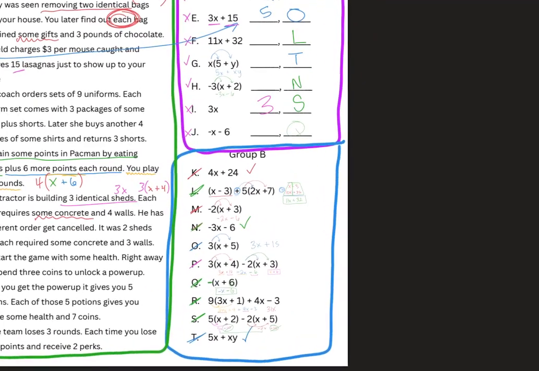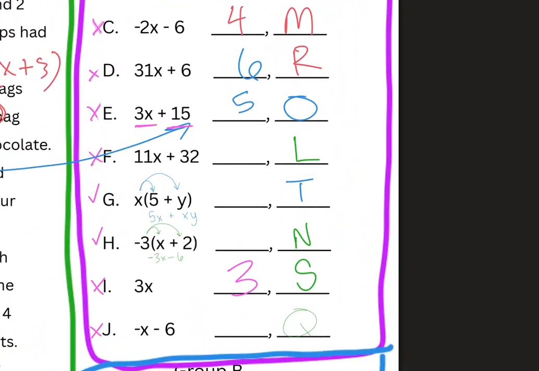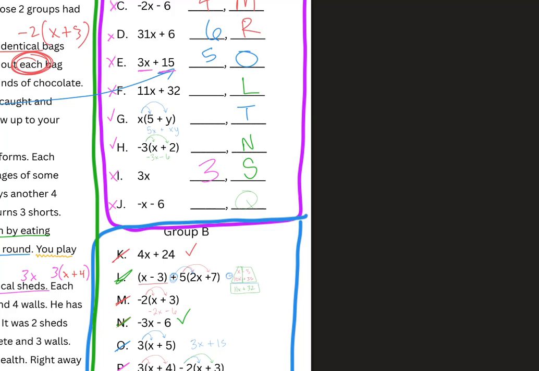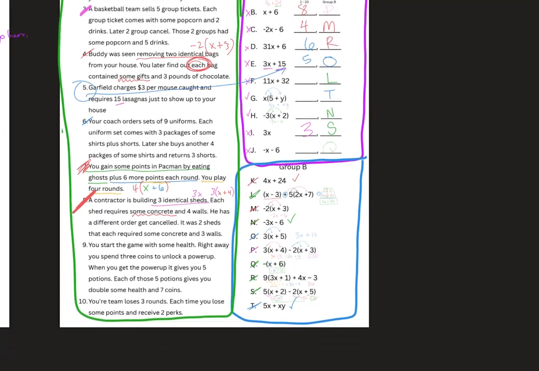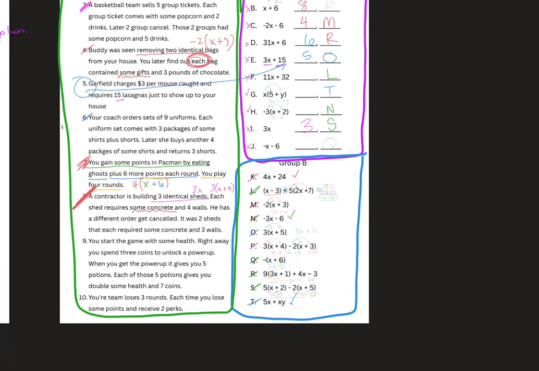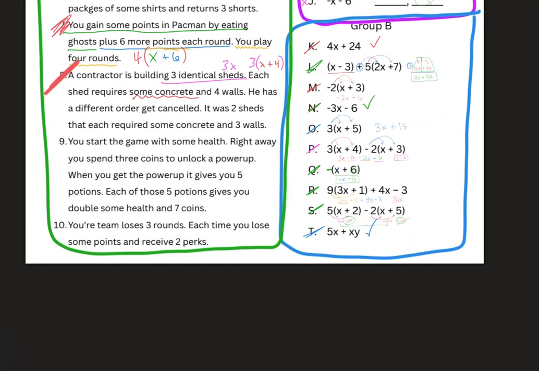So let's go back to F and L. L, again, has one with 5 groups. Let's start down here at the bottom now. You start the game with some health. And right away you spend 3 coins. You know what I didn't focus on? This is subtracting 3. So you start with something, and then you spend 3.